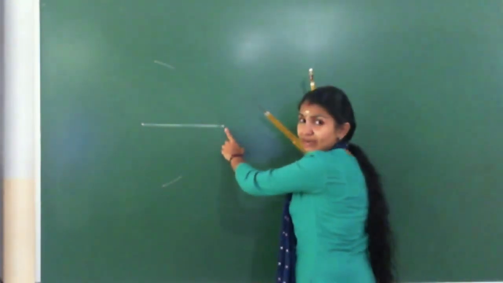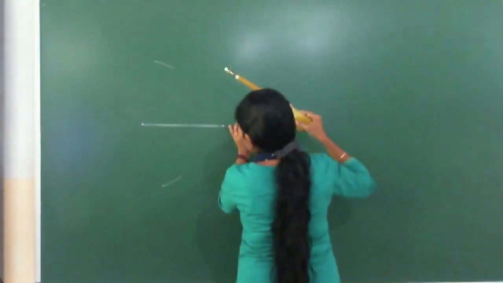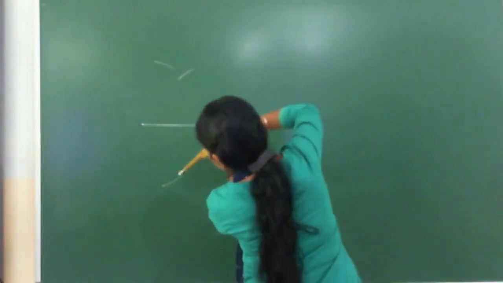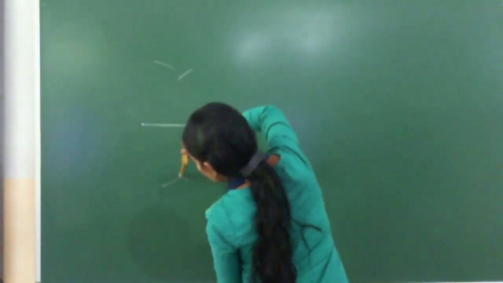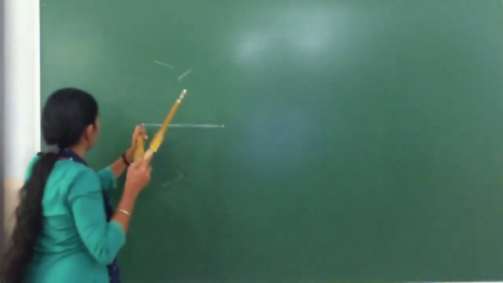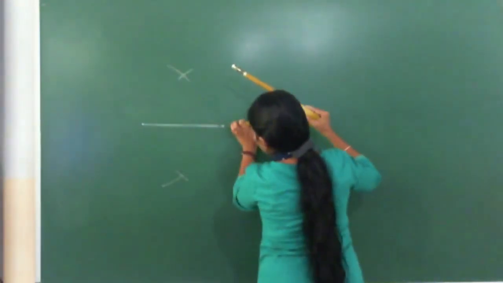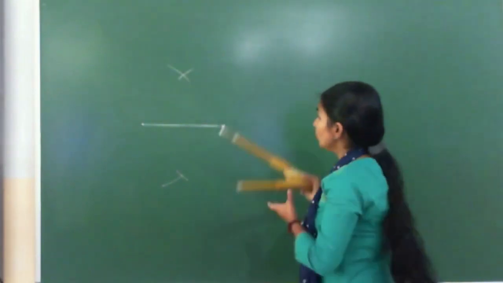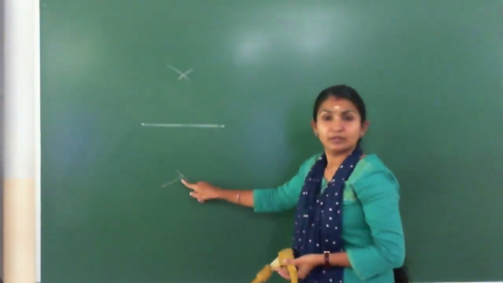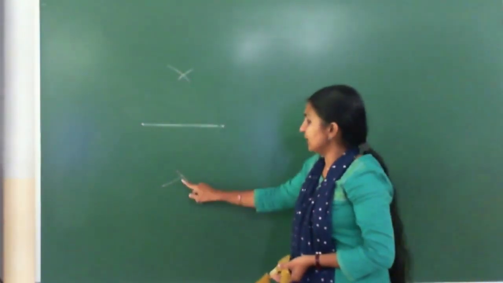Now the next side, that point we are keeping. So we got 2, meaning both intersected.